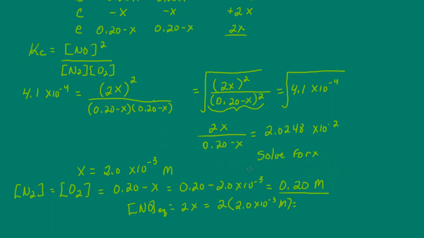And that is 4 times 10 to the negative 3 molar. So here we were able to simplify our calculation nicely by recognizing that we had a perfect square.